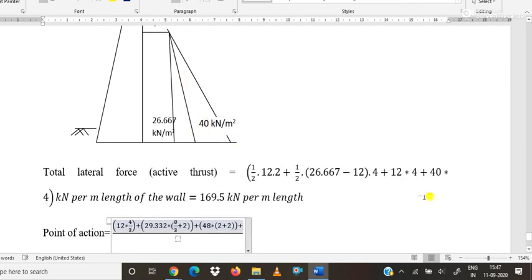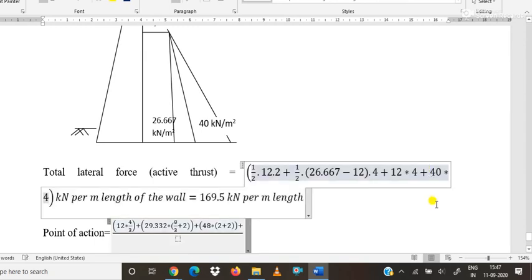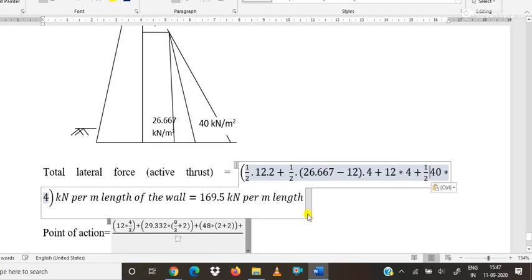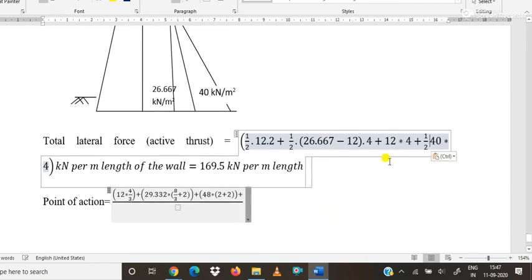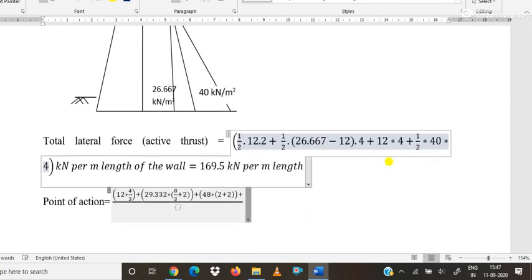for this triangle the area is, sorry, there will be 1/2. This is the area of one triangle, and this equals 80.